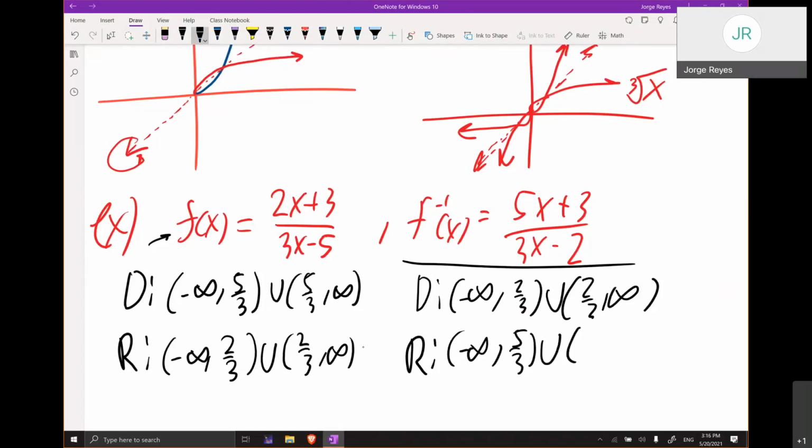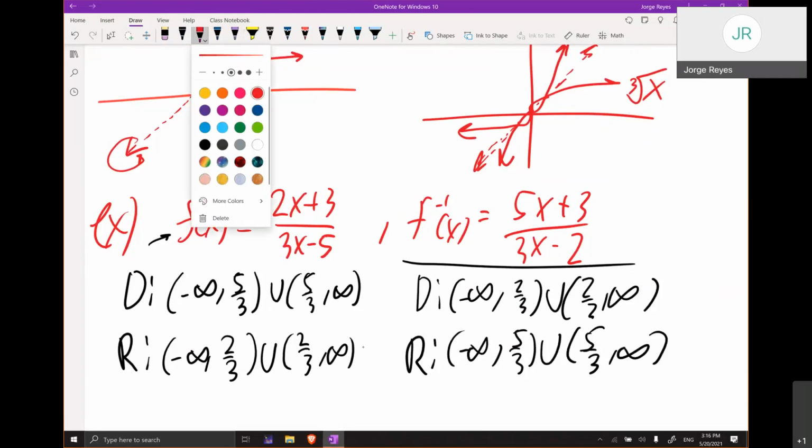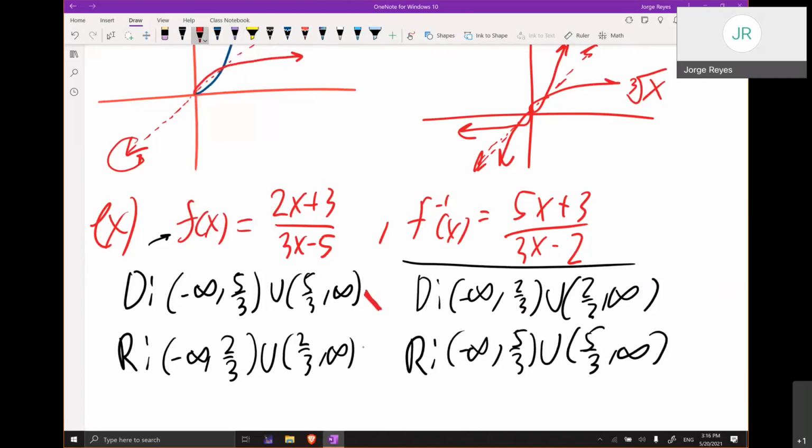And hopefully you noticed something, right? Like you noticed that, oh look, the domain of the original function is the range of the inverse. And the range of the original function is the domain of the inverse.